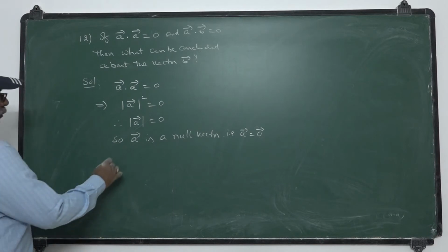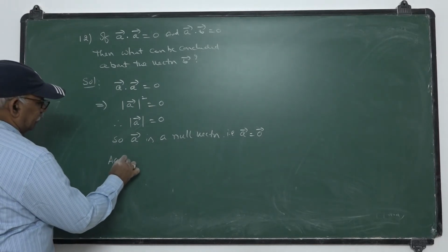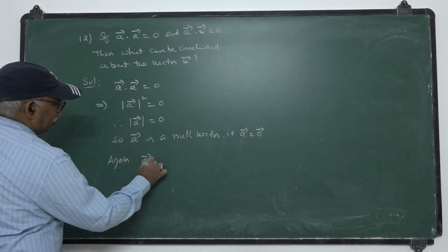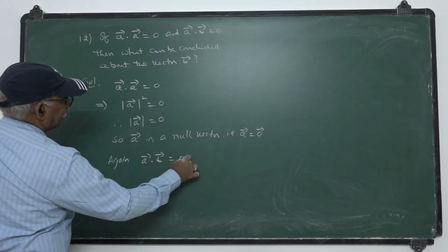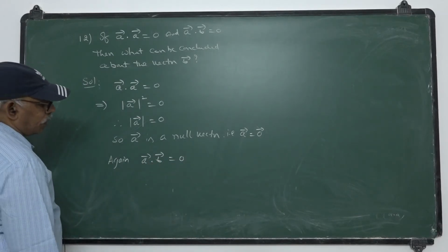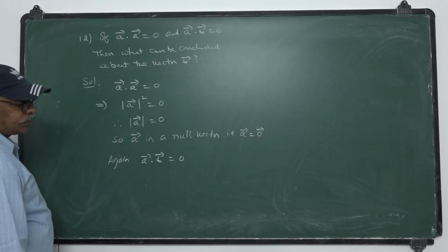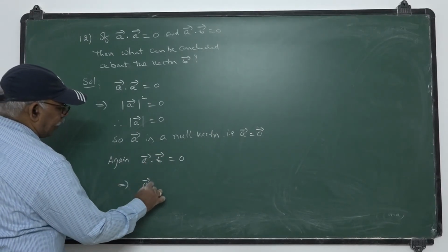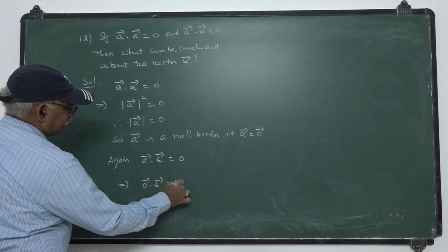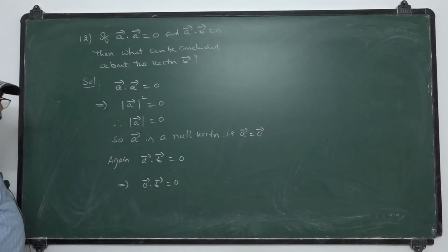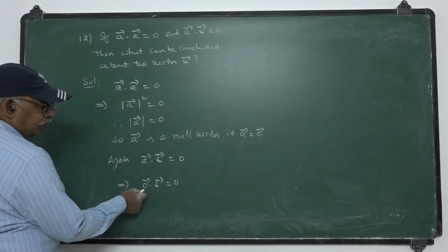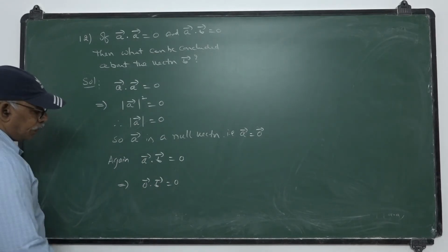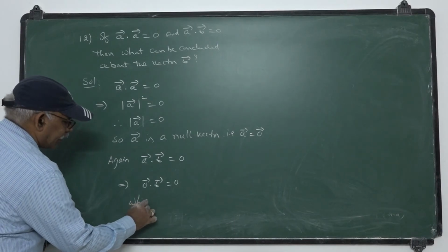Again, A bar dot B bar is 0 means A bar is 0 bar, so 0 bar dot B bar is 0, which is valid for any vector B bar, because the dot product of any vector with 0 bar is 0.